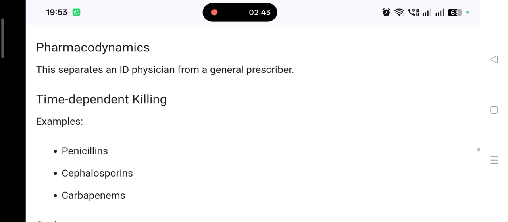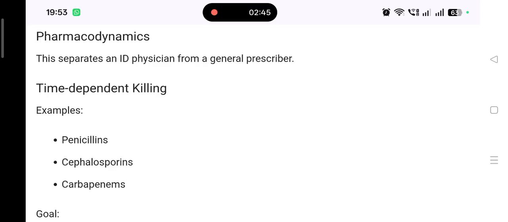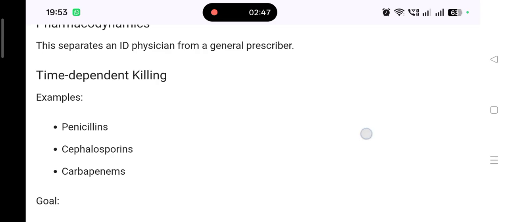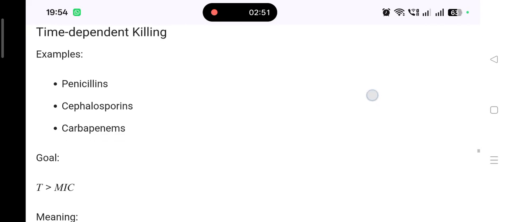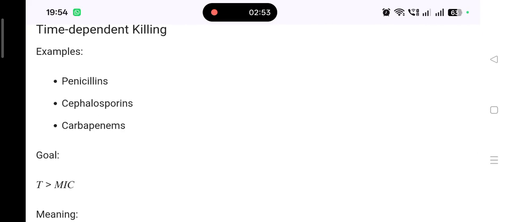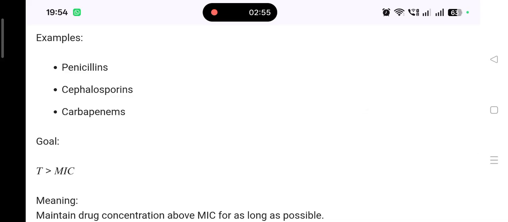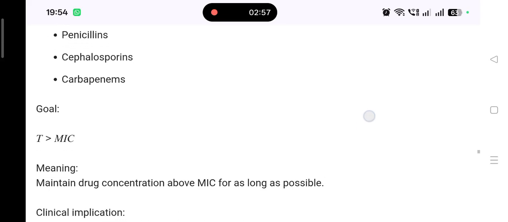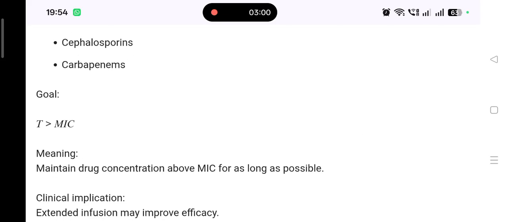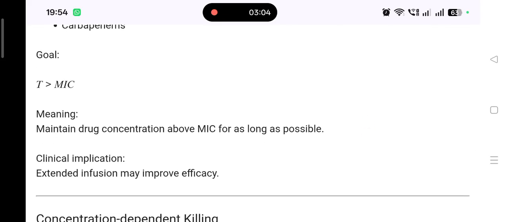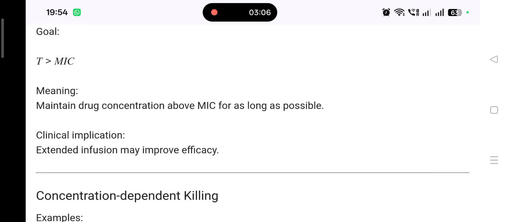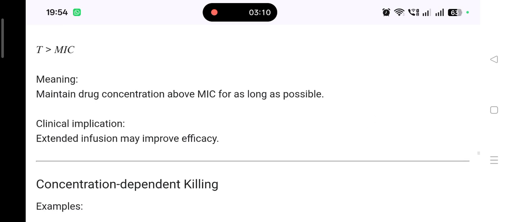So pharmacodynamics, this separates an ID physician from a general person. First, time dependent killing. Examples are penicillin, cephalosporins and carbapenems. The goal is that T should be more than MIC, meaning maintain the drug concentration above MIC for as long as possible.